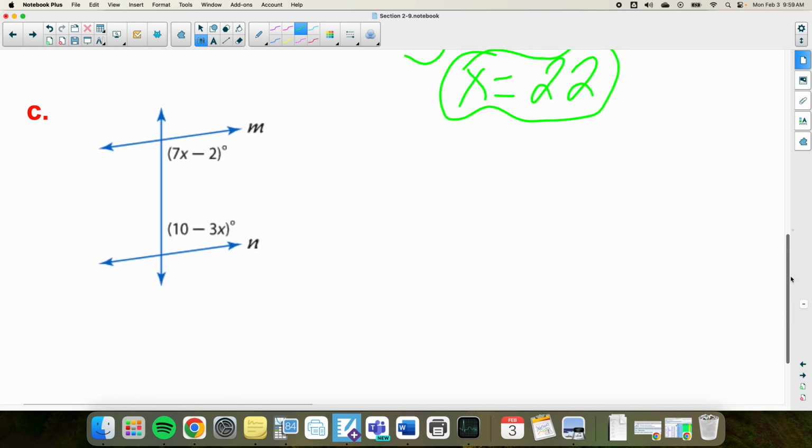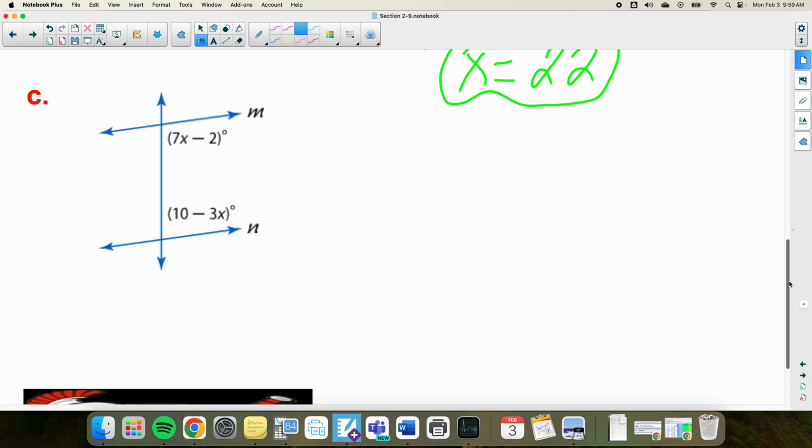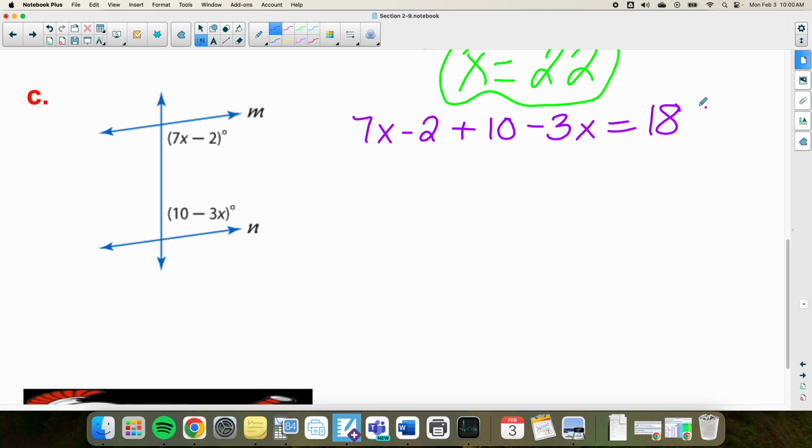And then our last one here, what kind? Consecutive interior. So we would set them equal to 180. So I'm gonna go 7x minus 2 plus 10 minus 3x equals 180. So then I would combine my 7x minus 3x, which is 4x, yep.